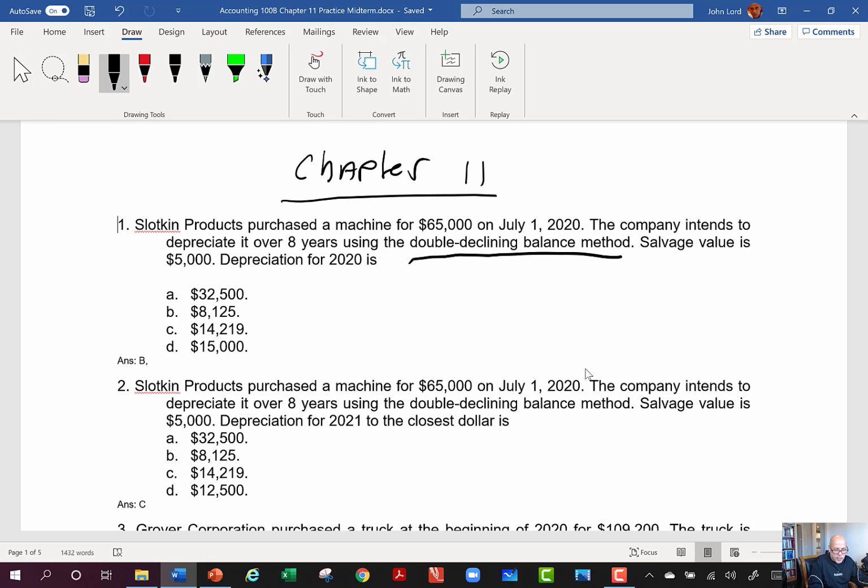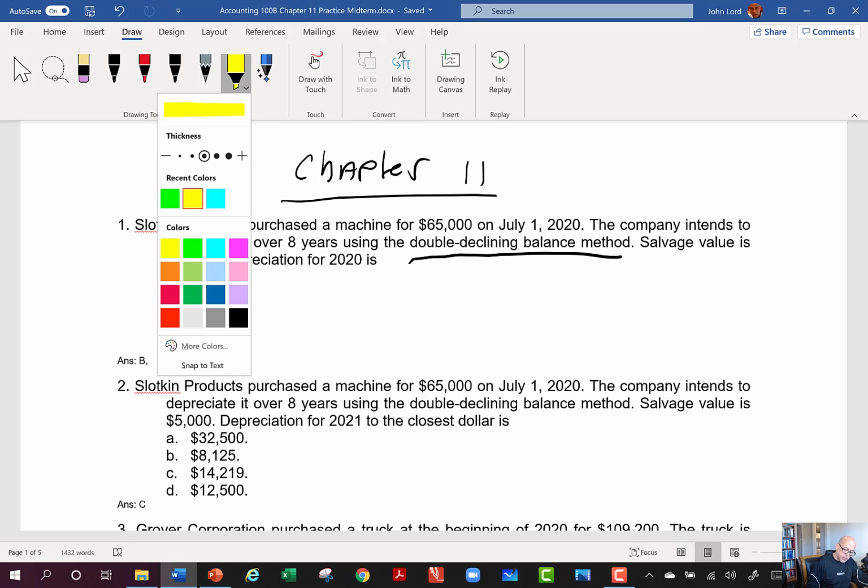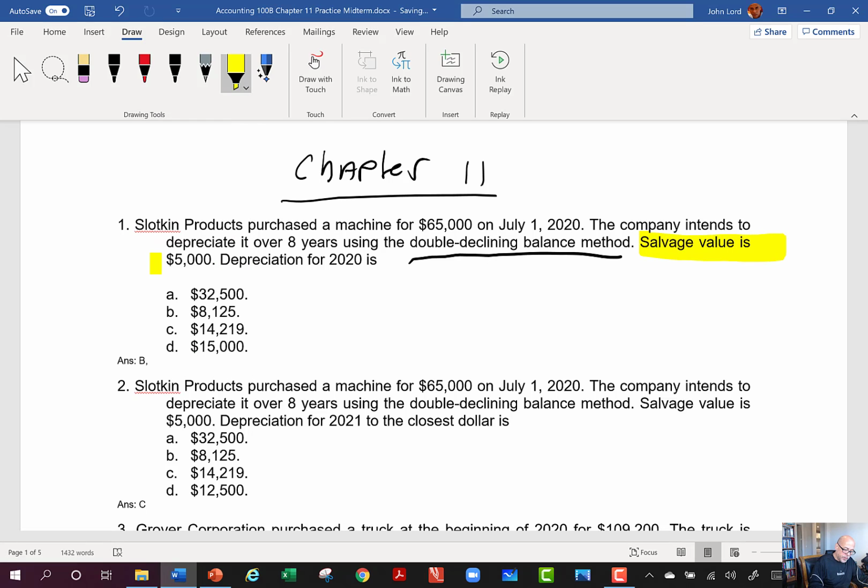It could be triple declining, or 150% declining, but it's going to be a multiple of the straight line. And in this question, they try to mess me up a little bit by giving me the salvage value. Remember, we talked in the lecture where we said we won't depreciate below the salvage value, but salvage value is not used in the calculations.